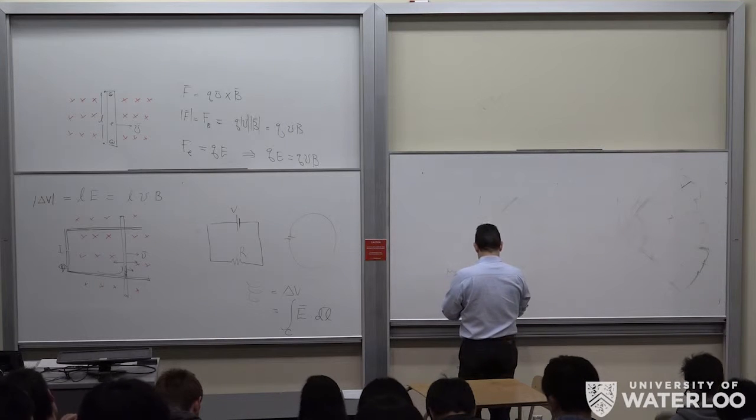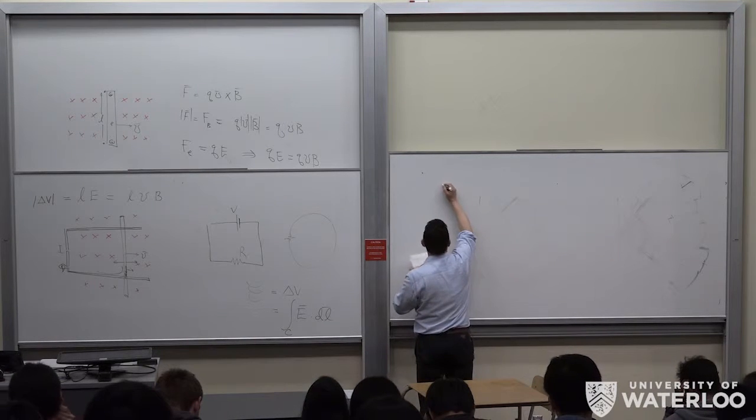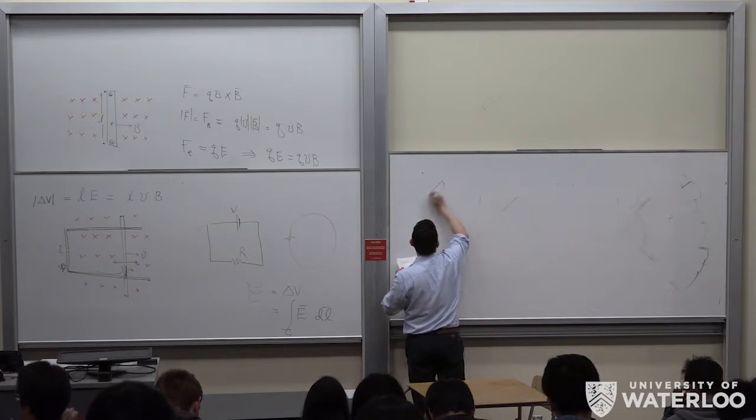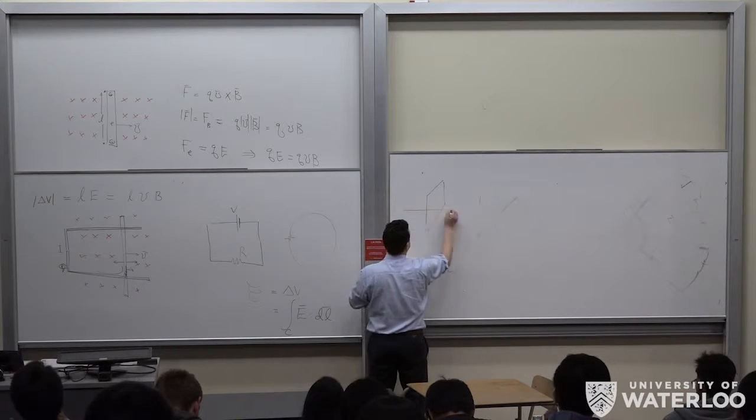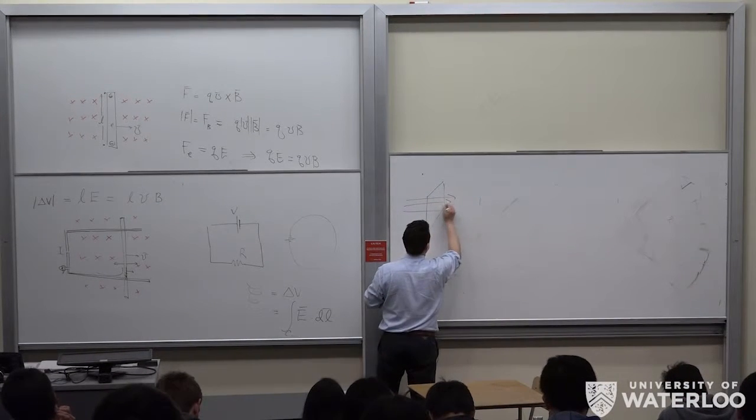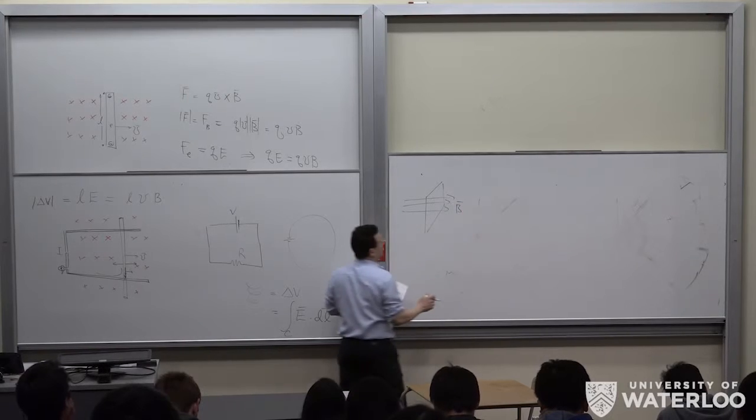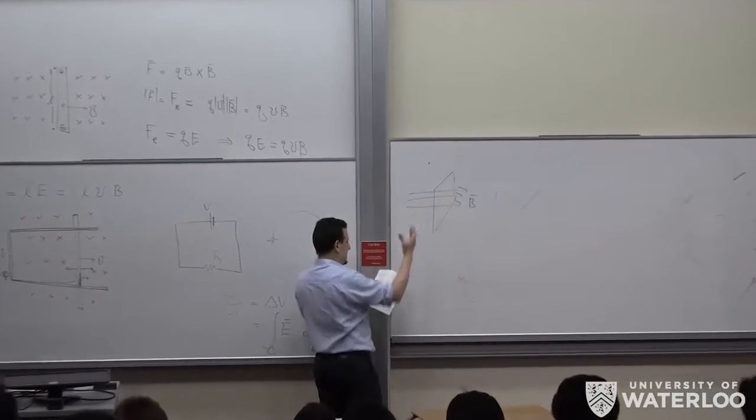So if I have a loop like this, and I have a B crossing it. This is a magnetic field crossing a rectangular loop.